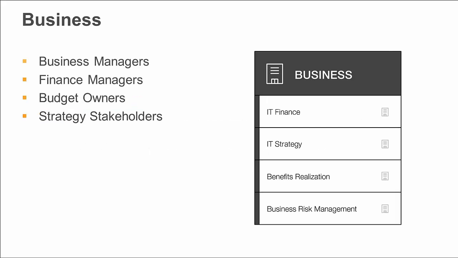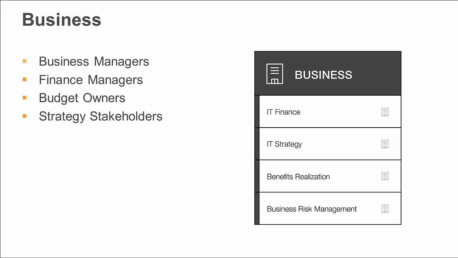I'm going to walk you through a little bit of the typical audience for each perspective, and talk through some of the starter capabilities that are included in the current version of the Cloud Adoption Framework. So if we start with the business perspective, and again, the business perspective is focused on business stakeholders and business capabilities.